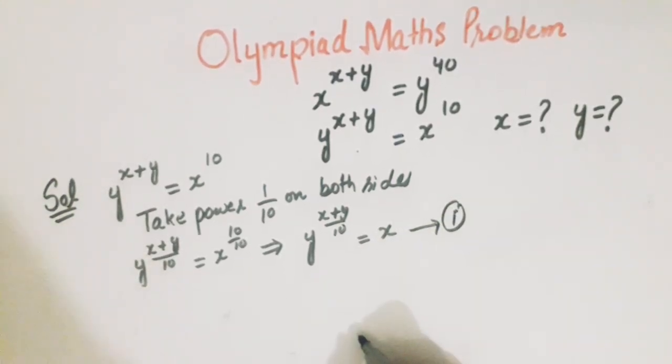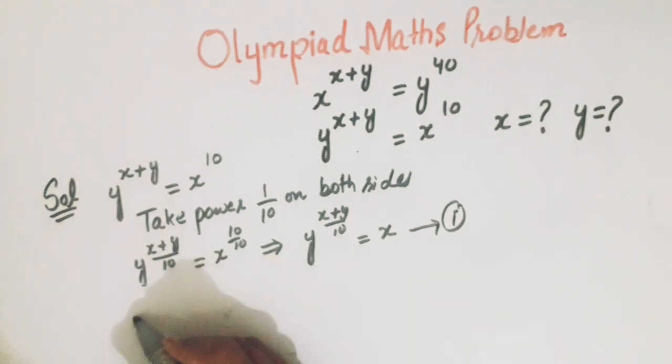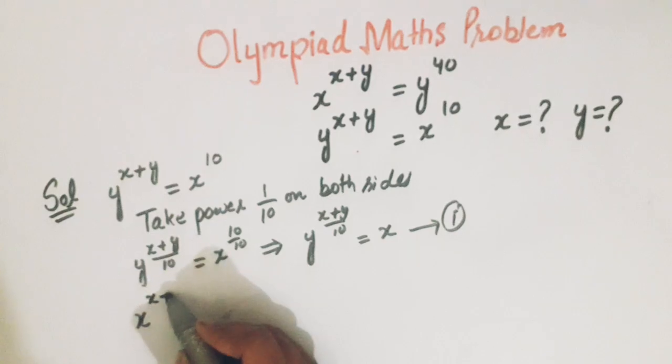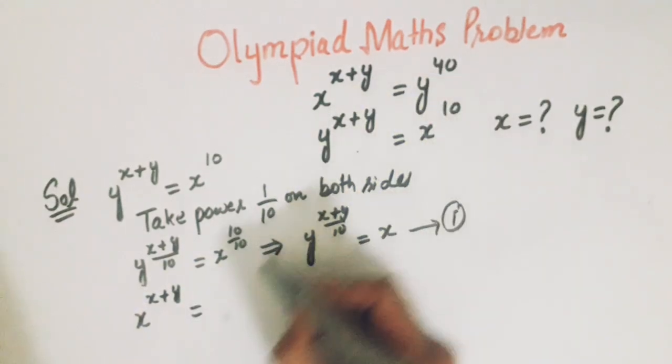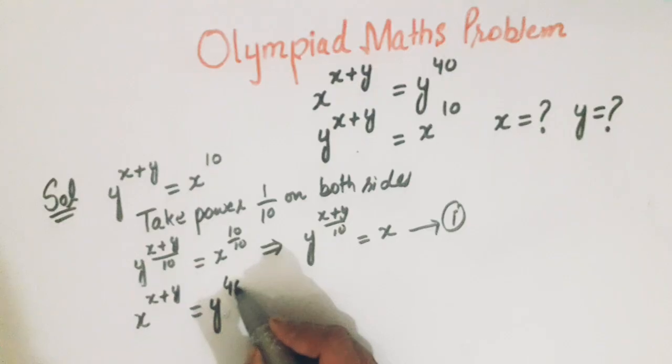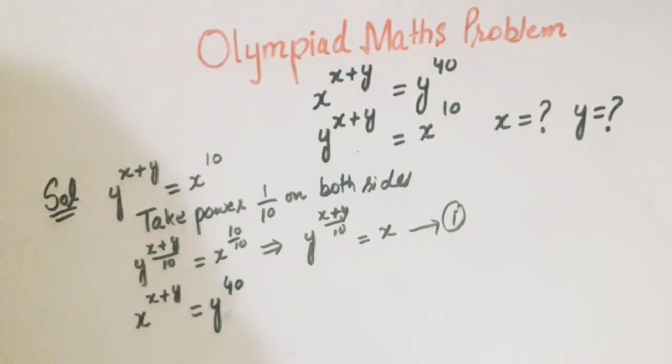Now we will again consider x raised to power x plus y equals y raised to power 40. In the next step, we will write this as x plus y, and its power is, we will substitute the value of x in place of this. So x equals y raised to power x plus y divided by 10.